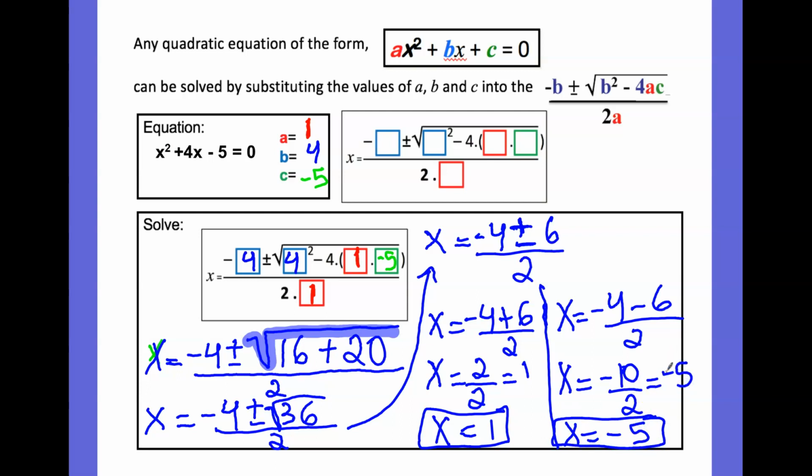You use the quadratic formula to solve for the two solutions that you need. This is another strategy that you can use to solve quadratic equations, and we use the quadratic formula for certain times that you're going to learn next week.